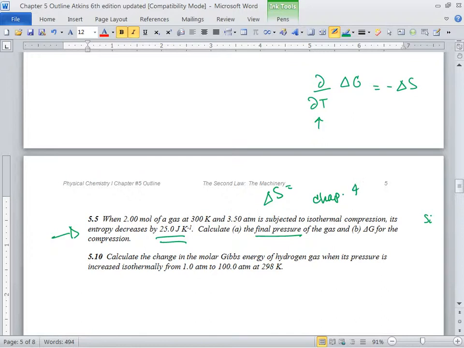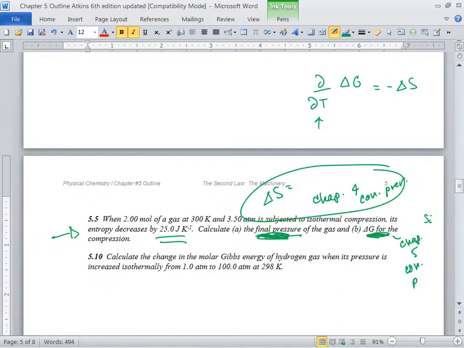That's where you start, and that's how you find the final pressure. Then you calculate your P2, and once you know P2 you can use the chapter 5 concept preview expression to get your delta G, because now you know what both P's are. Does that make sense? So use the chapter 4 concept preview first, and then the chapter 5 concept preview.